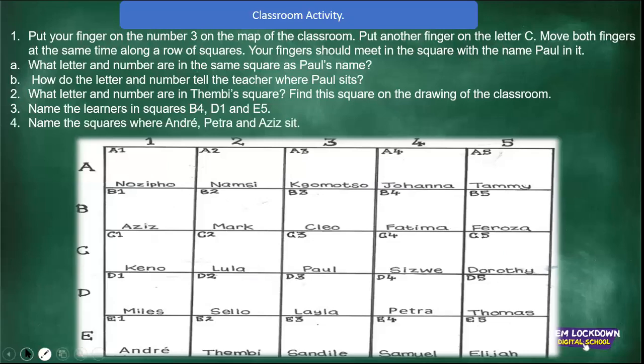Name the square where Andrew, Petra, and Aziz sit. Michaela?